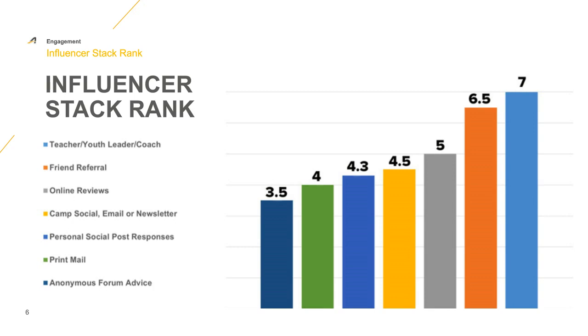But much more so than any kind of content that you can produce, like your print mail, social media posts, and even your newsletter, those online reviews have more of an influence and factor in how parents decide where to send their children. And so again, we're going to talk about that a little bit more coming up next.